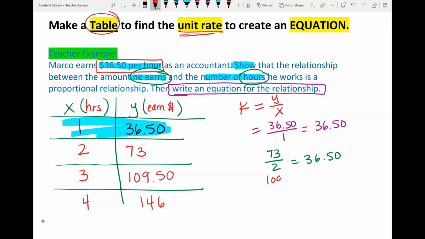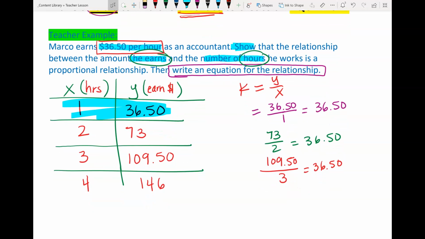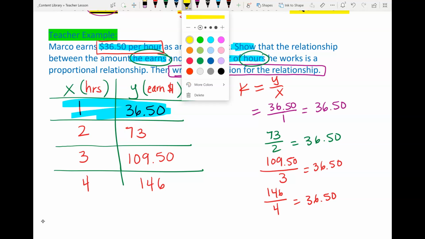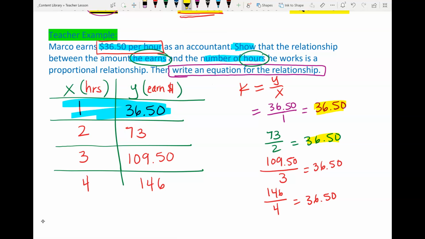Our next one at 3 hours is 109.50 over 3 hours. That's going to be $36.50. And if you haven't noticed it, there should be a pattern. 146 over 4. That's going to be $36.50. So we know for sure Marco makes $36.50 every single hour and it is constant.